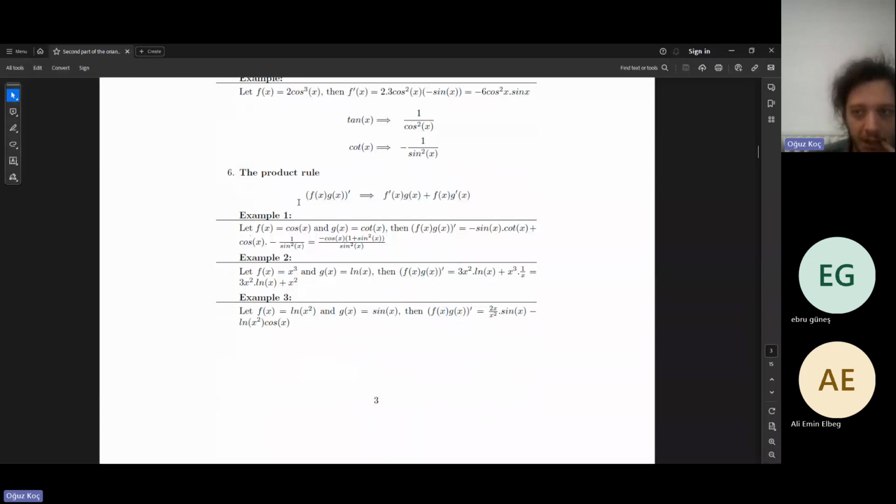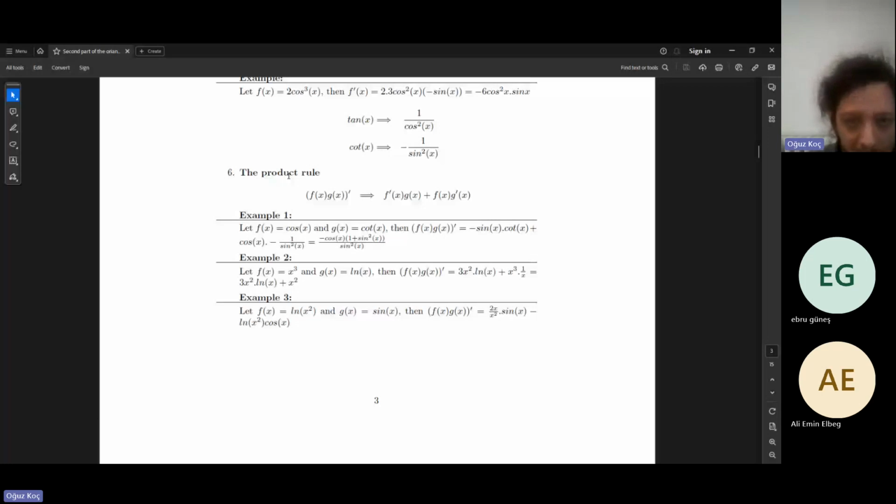And we have also another rule here, which is the product rule. In the product rule, we mean the derivative of the product of two functions. How can we take the derivative of a product of two functions?